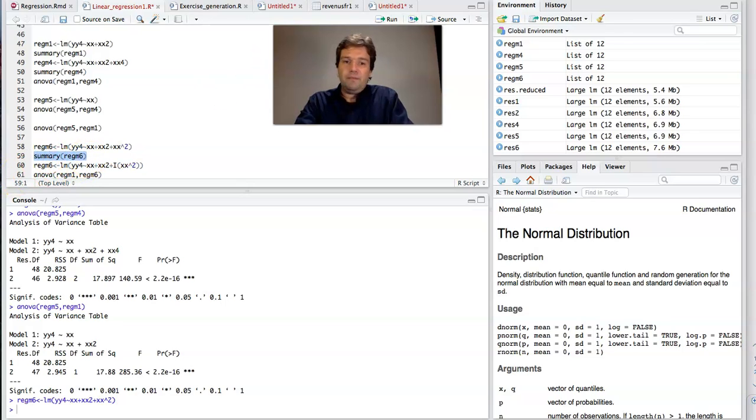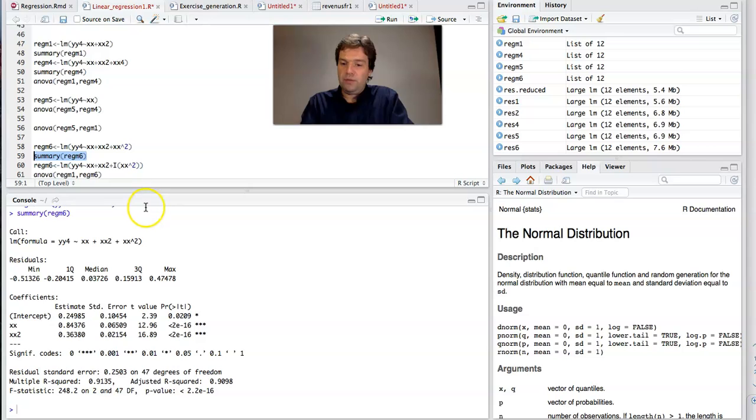We see here the classical results. We have a formula that involves these three covariates, but one of them is the age up to the square, which can be considered in a way as a new covariate. We see an estimate for the intercept, for xx, for xx2, but not for xx up to the square. This model is still significant, but that's not the point here.